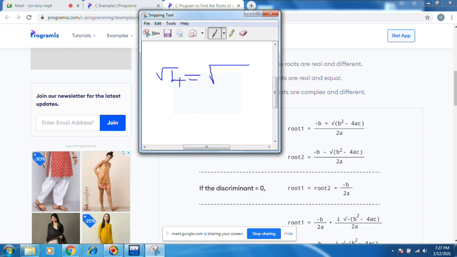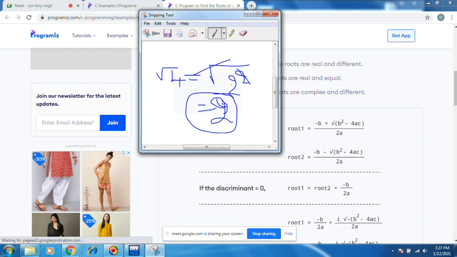Then square root of 2 square, and 2 square means 4 only, correct? The 2 and the square root cancel, and the result will be 2. Square root 4 equals 2. This is called calculating the square root.